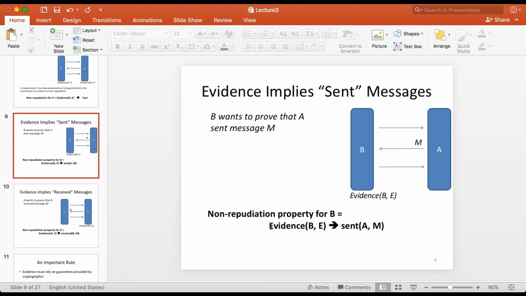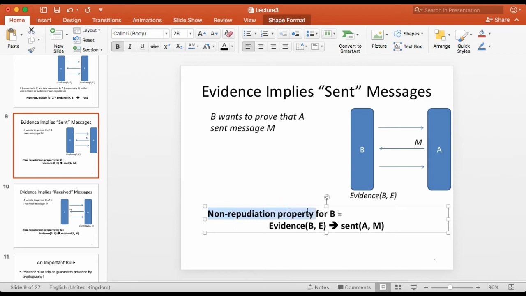So we write that in a more formal way, we call it a non-repudiation property for B. It's a non-repudiation property for B because it's serving B, from B's point of view, and this non-repudiation property for B includes evidence that implies that A did send M. We don't know what that evidence is, but that's the goal.